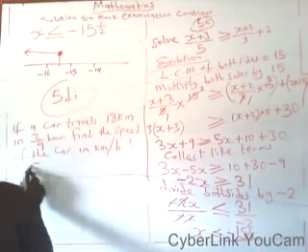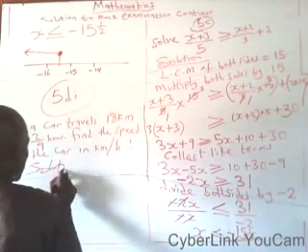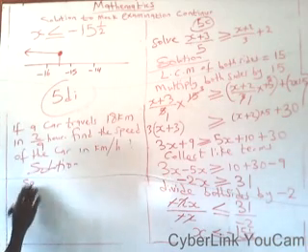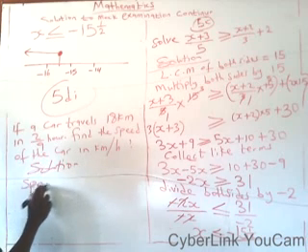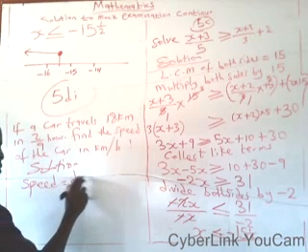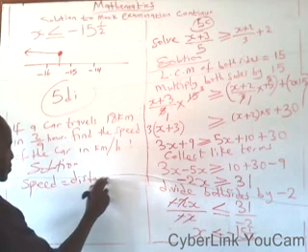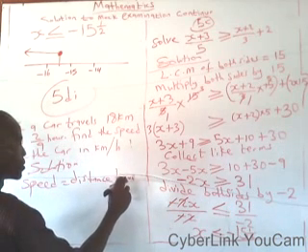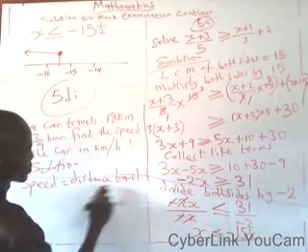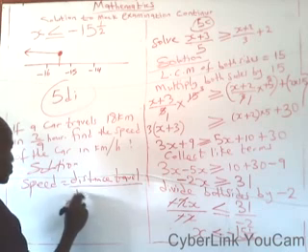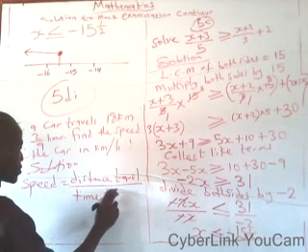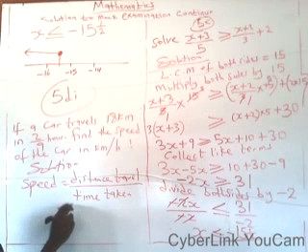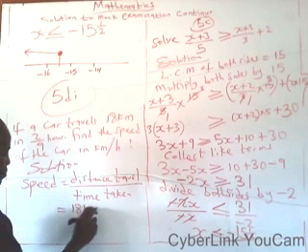Now the solution to this one is this. Speed is equals to distance traveled all over time taken. What is the distance traveled? That is 18 kilometers.